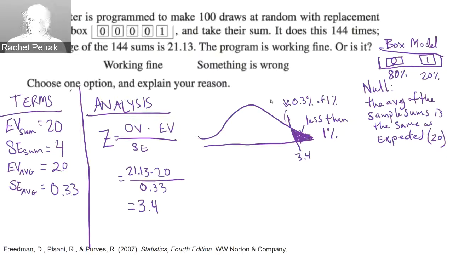So, given that we have a z of 3.4, is this variation just due to chance variability, or is it something else?